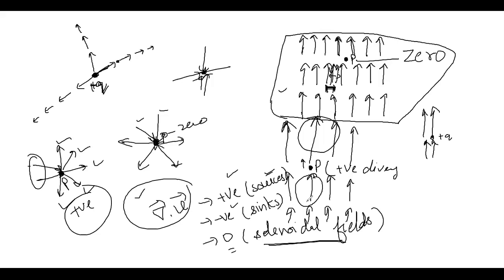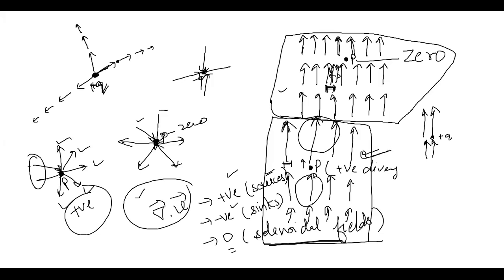Similarly, in the second case, where you had the arrows of increasing size, again, if you place a very small paper boat here at any point, it will not be rotating here also. If it's not rotating, that means the curl of this vector field is going to be zero.